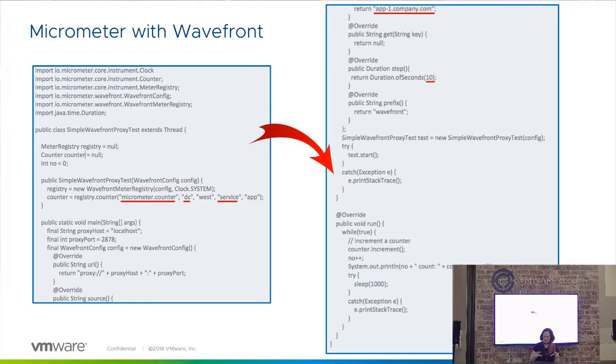It has a similar idea: you import the open source library, and then through the registry you store your metrics and send them to Wavefront. Here you have a Micrometer counter metric from the app-1 source, and again tags, DC and service, for further slicing your data.